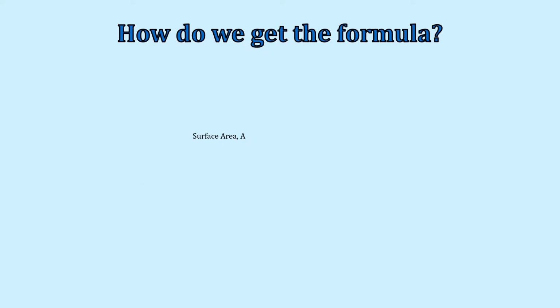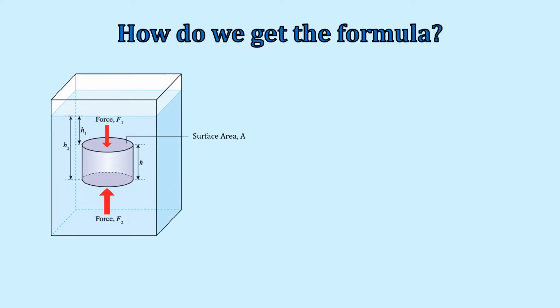The formula for buoyant force can be derived as follows. Based on the diagram, you can see a cylinder fully submerged in a liquid. We need to relate it with liquid pressure because right now we are involving liquid in this case. What is the formula for liquid pressure?